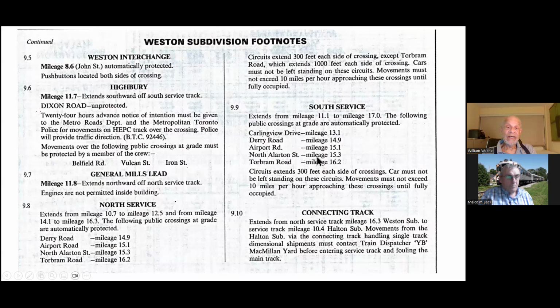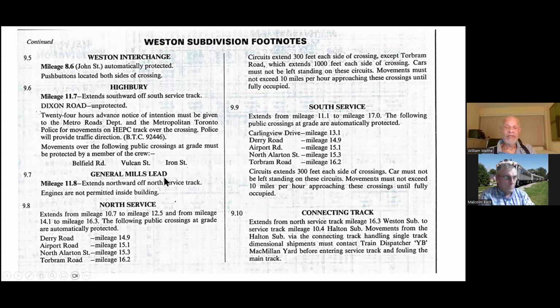In addition to that, I obtained 1980 and 1983 employee timetables, which were invaluable. The footnotes, for example, show here some of the typical aspects of urban railway modeling. For example, on Dixon Road, which is on the layout, the police have to be used to control traffic if you're running a train across a street.